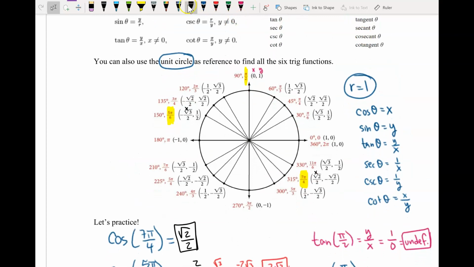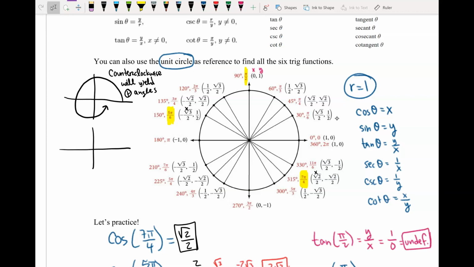So one thing that you have to recall is that all of your positive angles are going to go counterclockwise. So counterclockwise will yield positive angles.